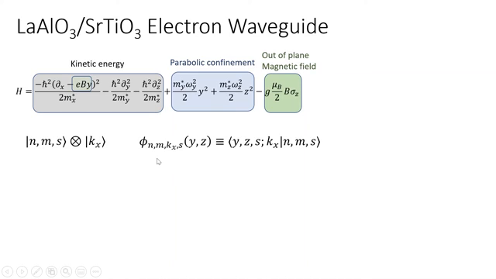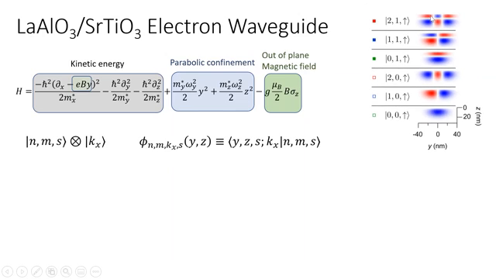eigenstates and eigenvalues, eigenenergies. And what you're seeing here on the upper right is a representation of the cross-section of the wave functions. If the wire were pointing into the plane, these would be the lowest energy eigenstate projected onto the two cross-sectional dimensions, the y and the z-axis.